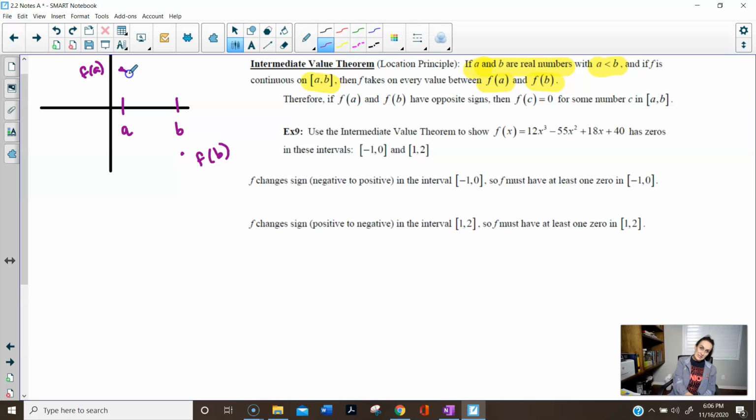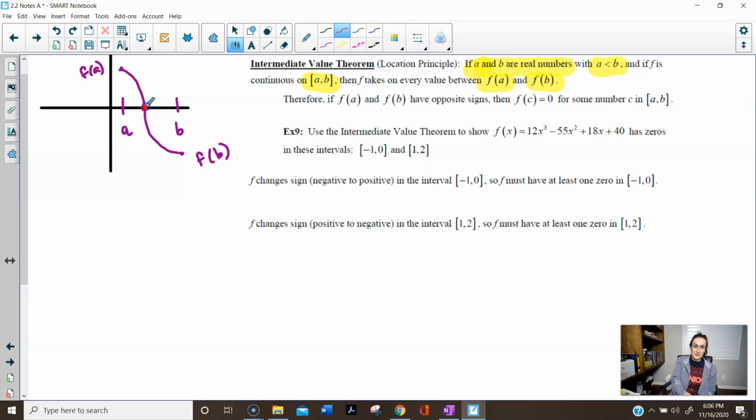So you can see that this is something continuous from F of A to F of B. And so it says, therefore, if F of A and F of B have opposite signs, notice F of A is positive and F of B is negative, then F of C is equal to 0.